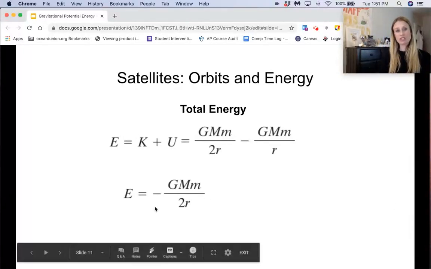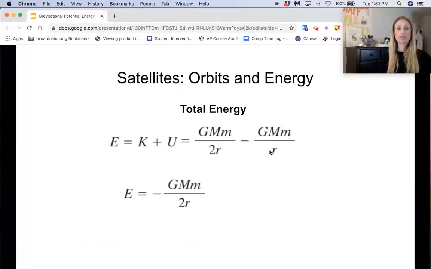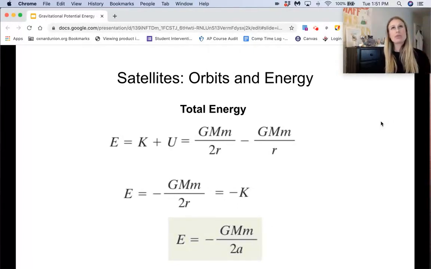In order to find this equation, you would have to multiply this side by 2 over 2 in order to get a common denominator between the two. So if we see this, we know kinetic energy is GMm over 2r. So this is just total energy equal to negative kinetic energy. This is an equation that you can use when you are solving for the total energy of the system.